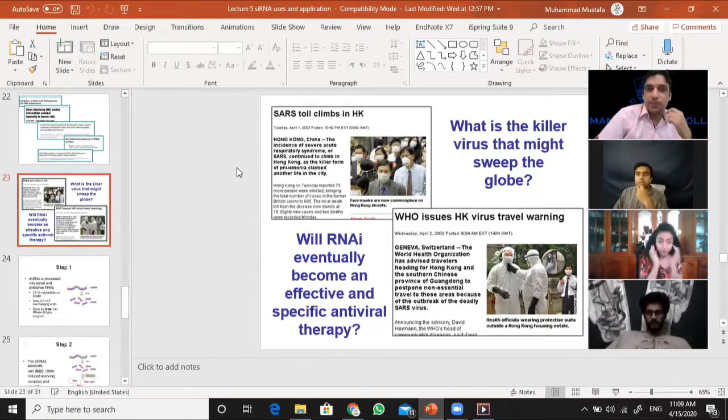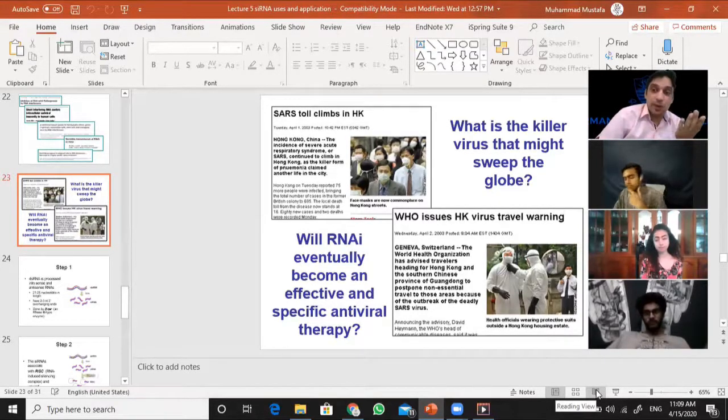So I added that slide last year to show an example where RNA interference can actually cure a particular disease. If you remember the question answer session, Farhan asked a wonderful question: is it possible to use small interfering RNA to kill the coronavirus, because coronavirus is an RNA virus?